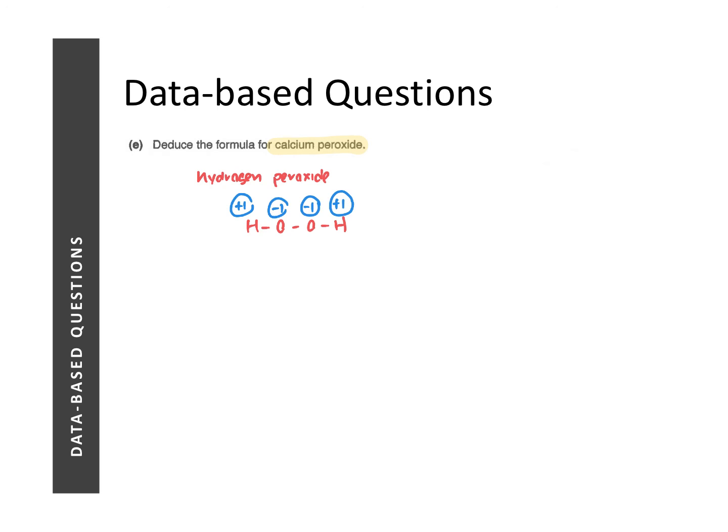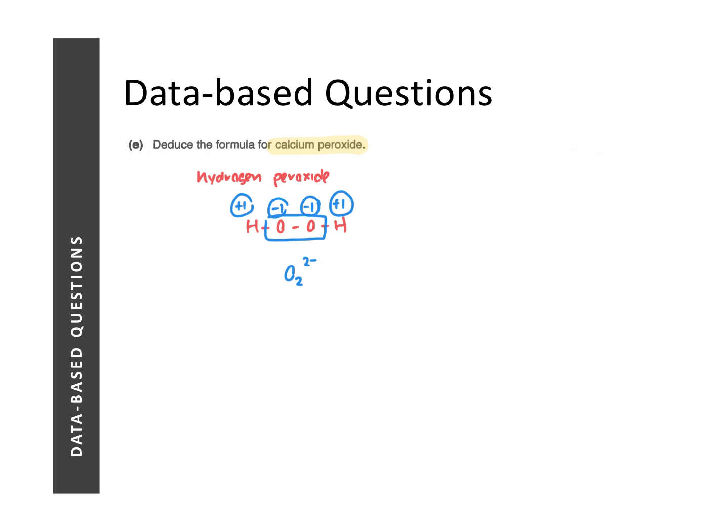Alright, so the peroxide ion would represent your O2. Each oxygen would have an oxidation state of -1, meaning that O2, if it existed as an ion, would have a total charge of 2-.